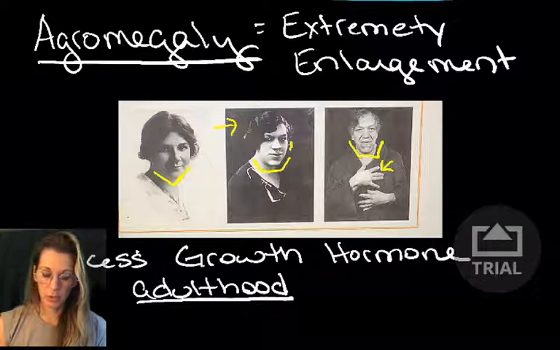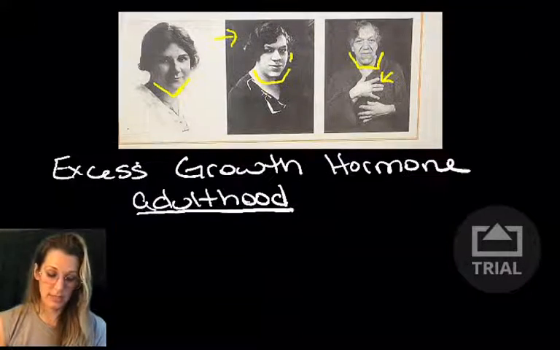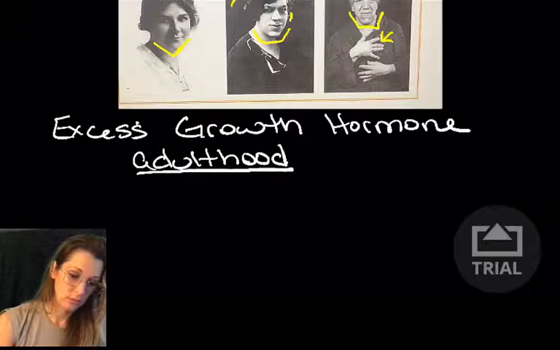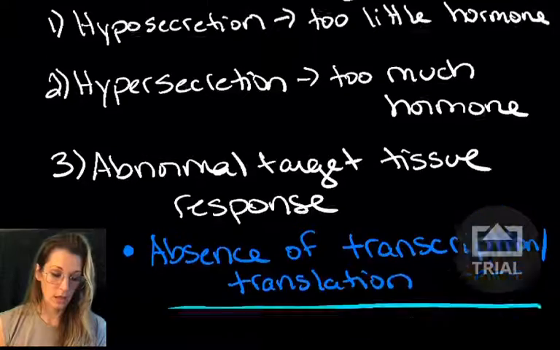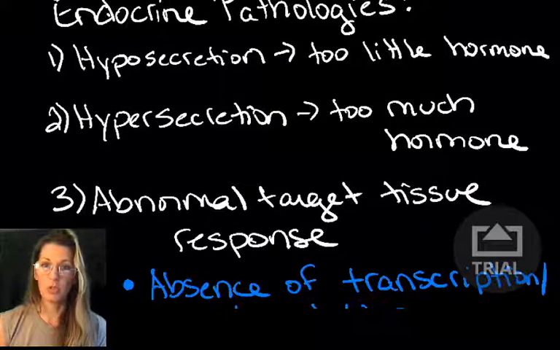Excess growth hormone. So if it's too much growth hormone, or getting too much of a hormone, what category is that, of our three that we talked about? We talked about hypo, hyper, and then abnormal target tissue.